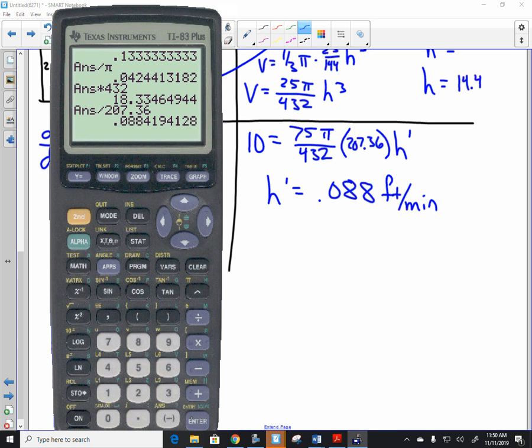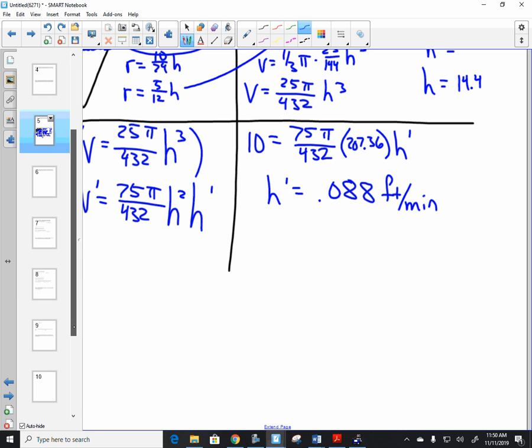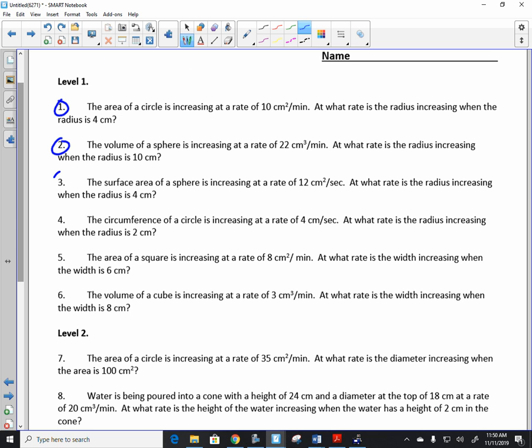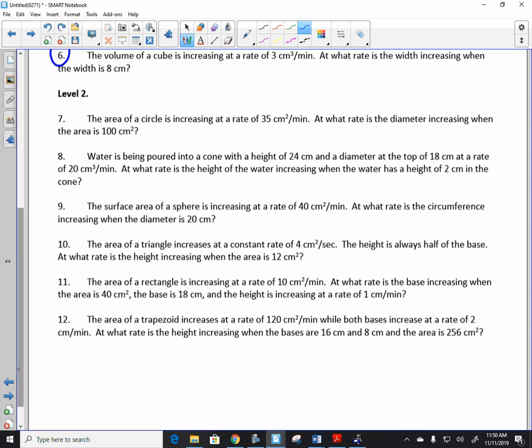But now what you are able to do is this. You have the rest of the time to work, but I want you to know level 1, you should be doing 1, 2, 3, 4, 5, 6. Level 2, you should be able to do 7, 8, 9, 10, 11, and 12.